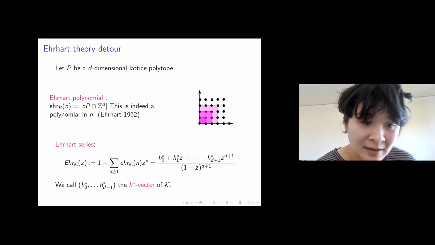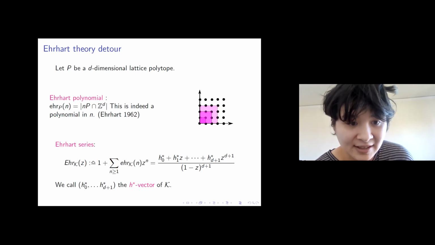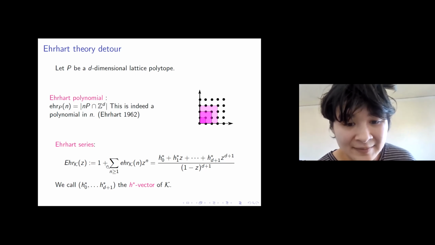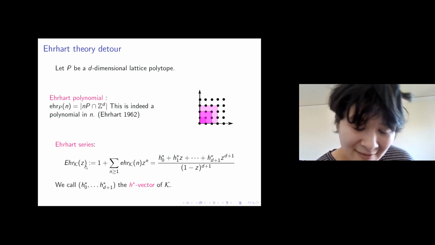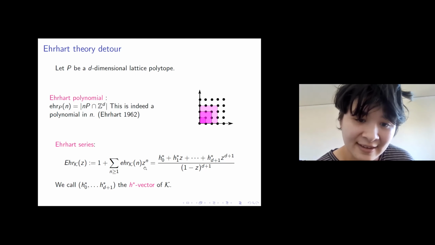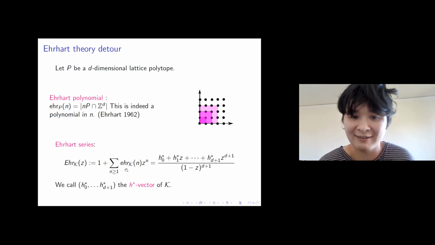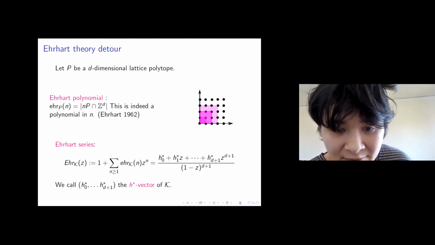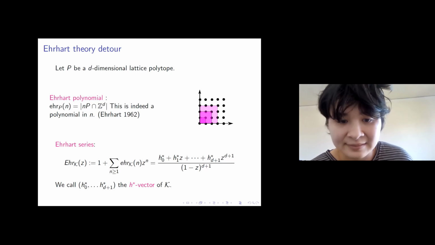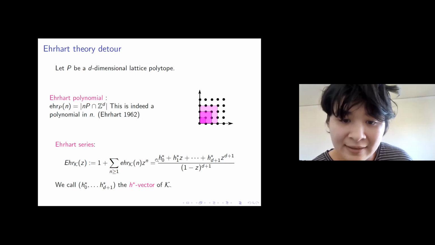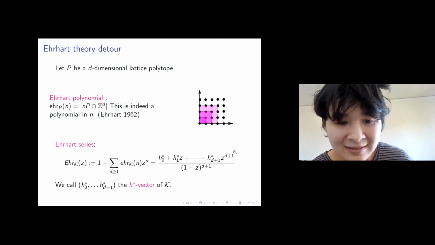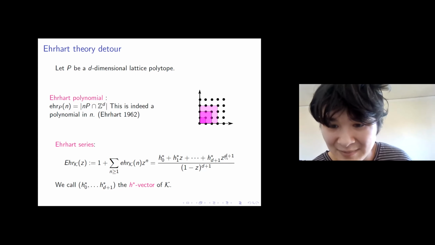And the Ehrhart series is the generating function where you have a power series in Z, and the coefficient of Z to the N is the Ehrhart polynomial evaluated at N. And you can write this series as a rational function with the denominator (1 minus Z) to the D plus 1, and this gives you a degree D polynomial in the numerator. Actually, there's a typo here.